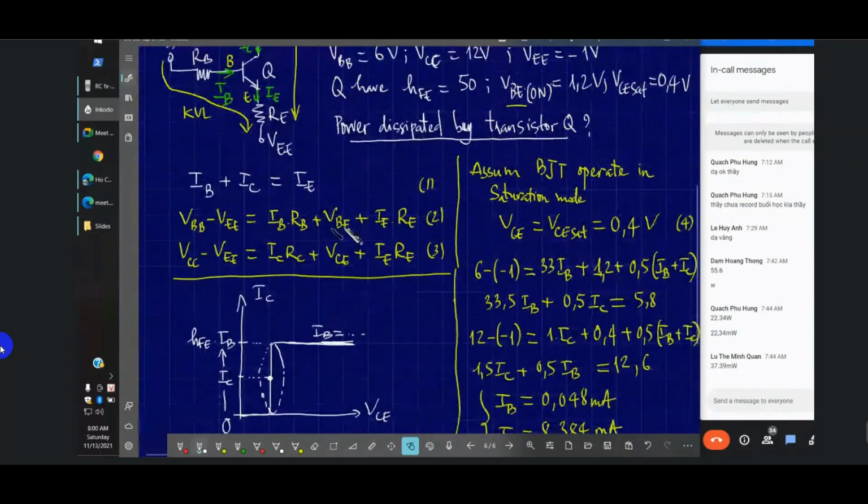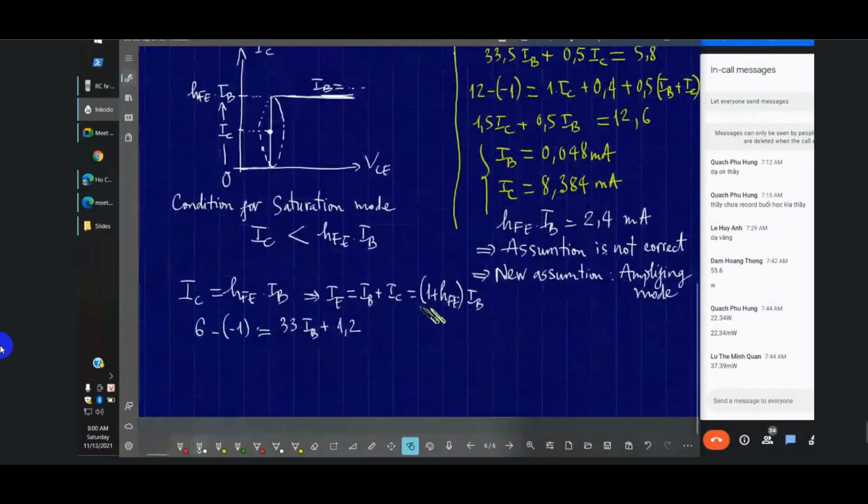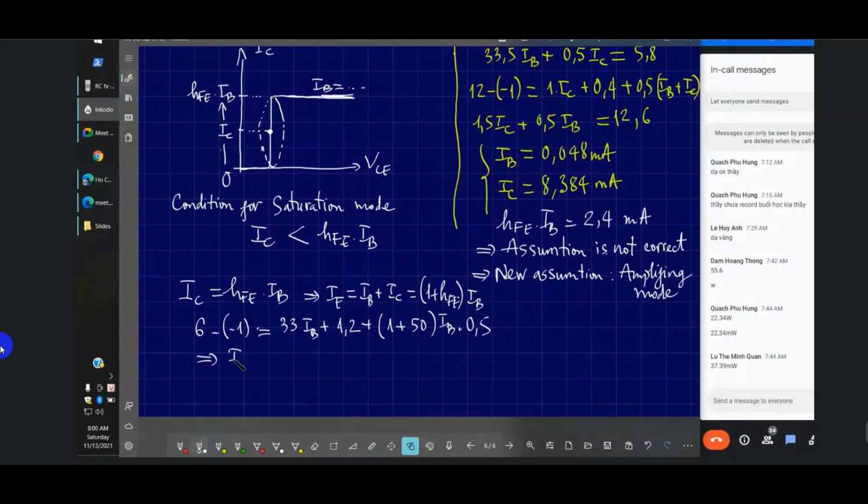Okay, and then RE for IE, I got 1 plus HFE for 50, times IB. Okay, and then RE for 0.5. Okay, and then I got my result for IB.